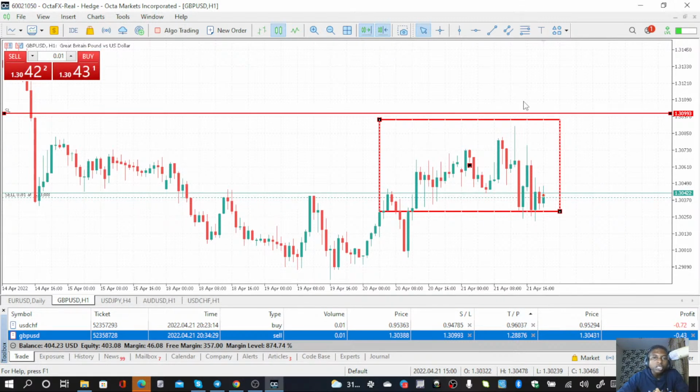Which means you are losing 1% and you are gaining 2%. Okay, that is it. It is not advisable to do a 50-50 trade. Like you are exposing your account to a 50-50. It is not advisable.